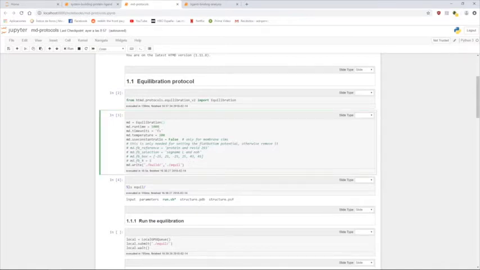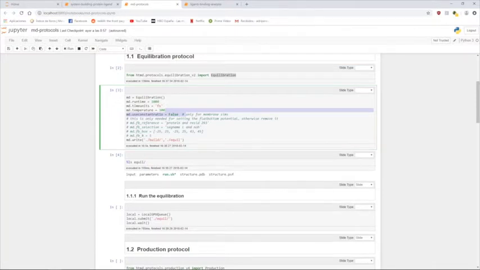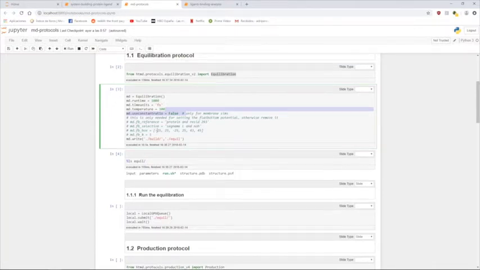You just import this protocol and define different attributes like the runtime, time units, which is femtoseconds, and temperature of the system. You don't need to know much about this. The standard protocol works fine to run a simulation, and then you can look into specific things if you're interested, depending on the case.